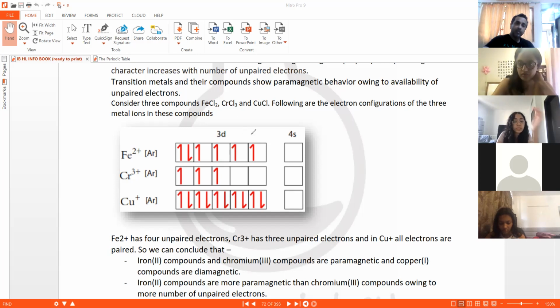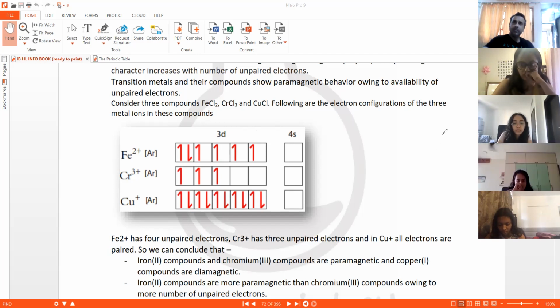It should just stay, not attract or repel. No. Here it will be repelled, but slightly.